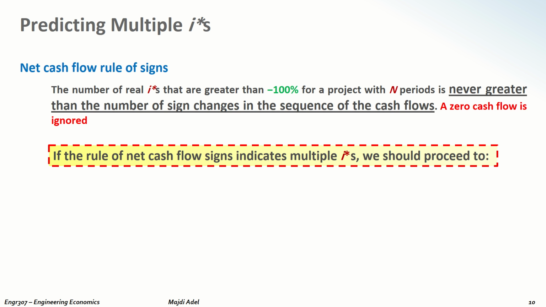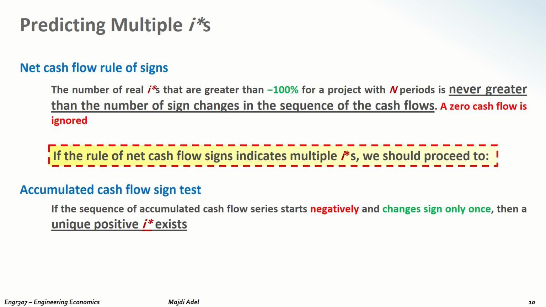So, in the case of multiple rates of return, if I apply this rule, the net cash flow rule of signs, and I find that the cash flow changes its sign multiple times, then I have to apply the second rule, the accumulated cash flow sign test.